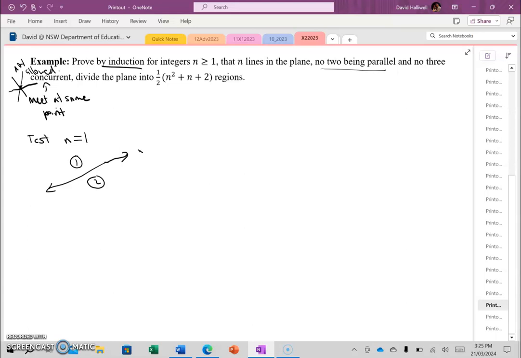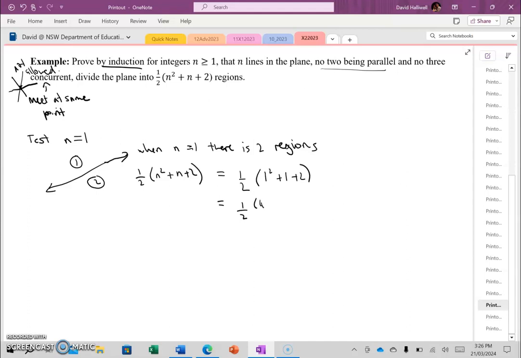So when n equals 1, there are 2 regions. Let's check the formula. If I sub in n equal 1, that's going to be 4 divided by 2, which is 2. So therefore true for n equal 1.